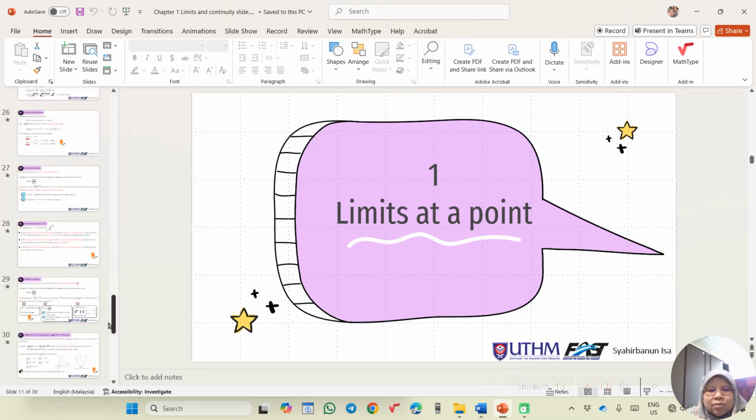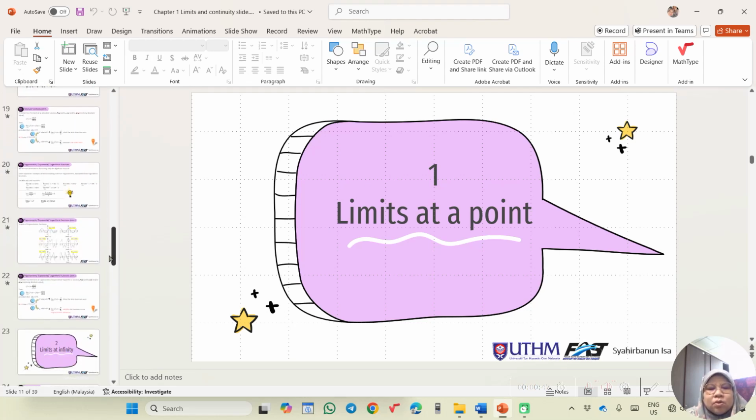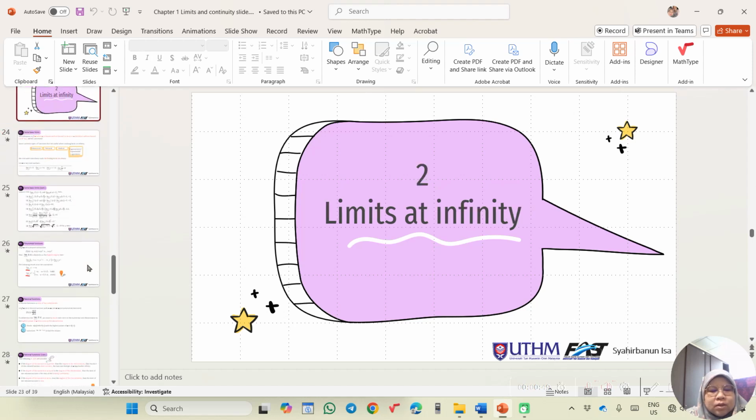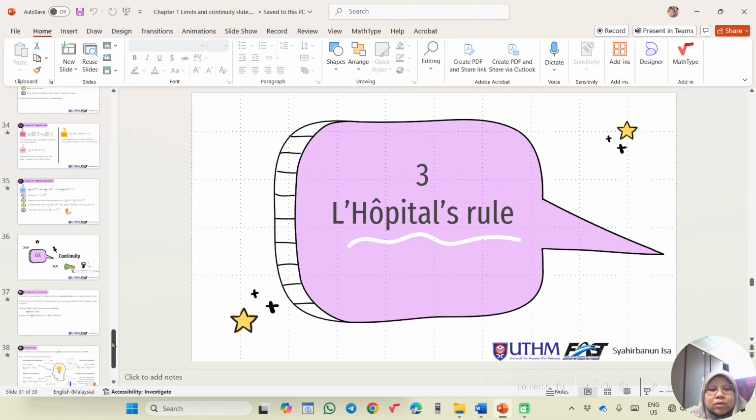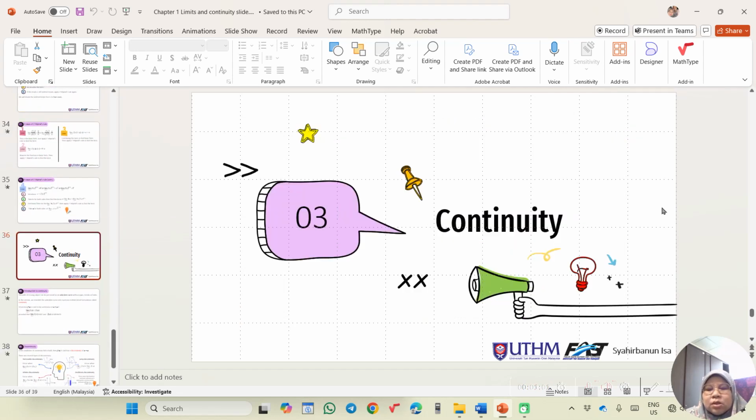We have also learned how to compute limits using L'Hopital's rule. Now, the continuity of a function is the last section in this chapter, limits and continuity.